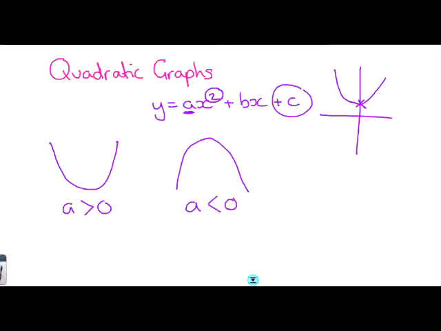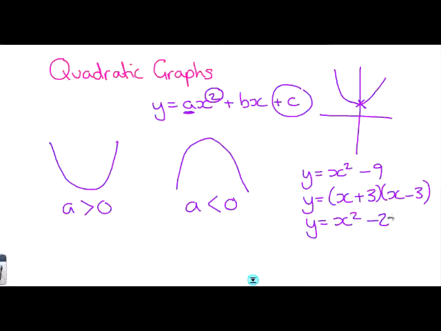Now you can identify quadratics quite easily. They come in many different forms. This would be a basic one, just y equals x squared minus 9, or just y equals x squared. We could give it to you in its factorized form. Let's just do that one above. So that's exactly the same graph, just in its factorized form. It could be slightly more complicated, something like that.